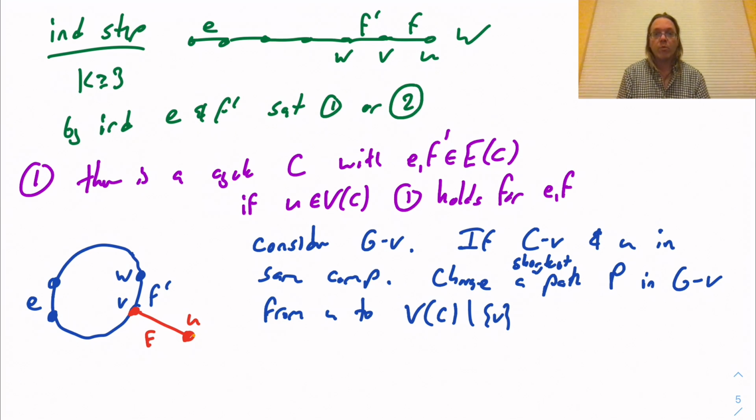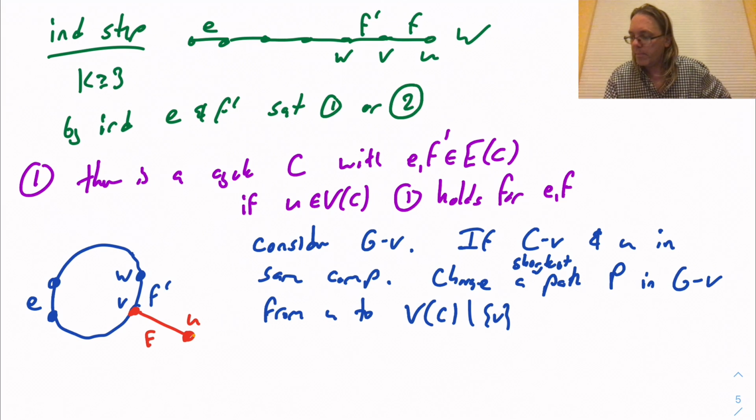I can end wherever I want. But what I'm going to do is choose a shortest path that starts at the vertex U and ends at a vertex of my cycle other than V. Or maybe it's best to say within the graph G delete V, I'm going to choose a shortest path starting at U and ending at a vertex of the cycle C, which obviously can't be V.